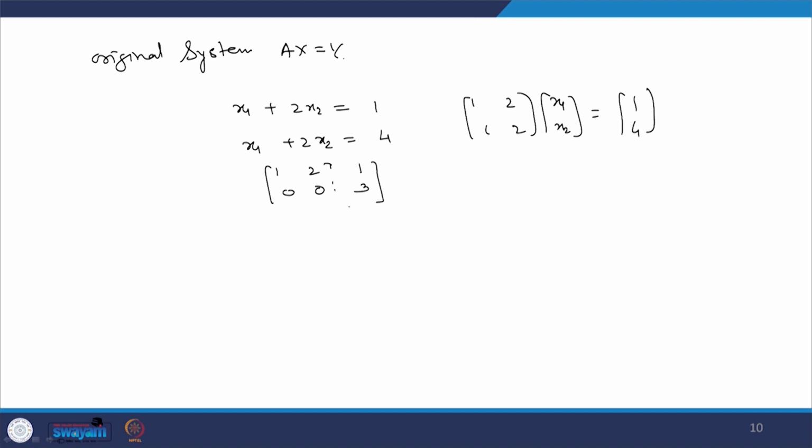So, this means that I will have the system x1 plus 2x2 equal to 1 and 0 equal to 3, which is meaningless. So, zr plus 1 to zm have to be equal to 0. That is basically the criterion for existence of a solution of the system of equations Ax equal to y.